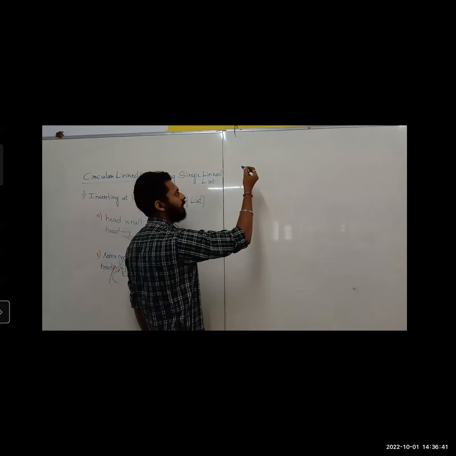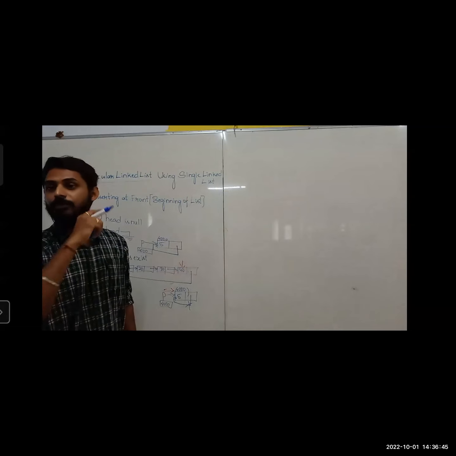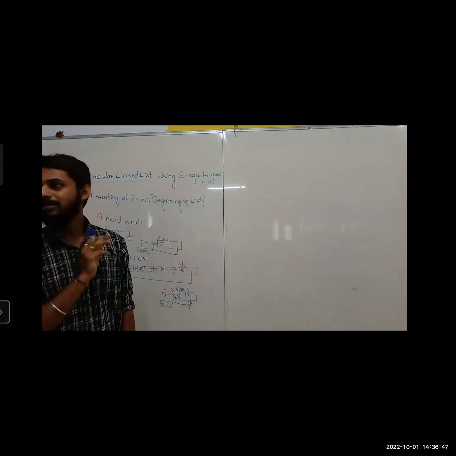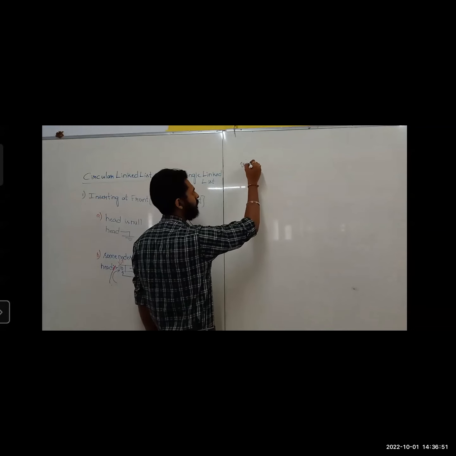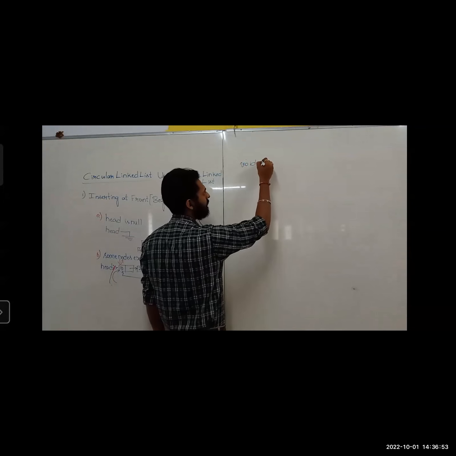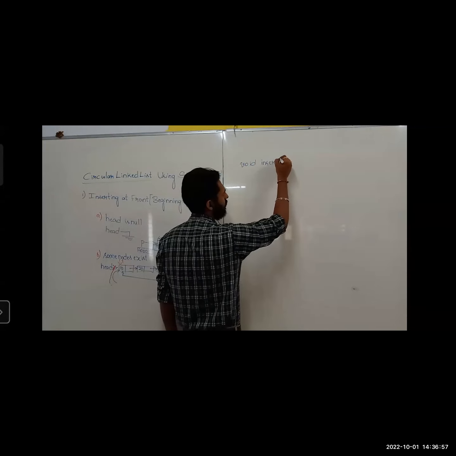Here, first thing, the structure I'll not change. Which structure should I use? Whatever I have used for singly linked list, the same structure it will be. But overall, how many methods will I write in this? Five. One is insert front, insert rear, delete front, delete rare, display.